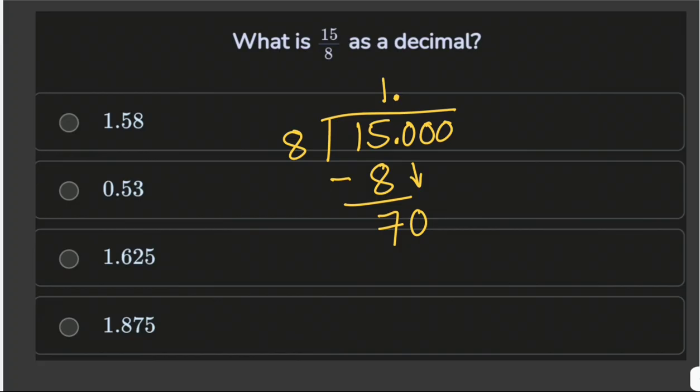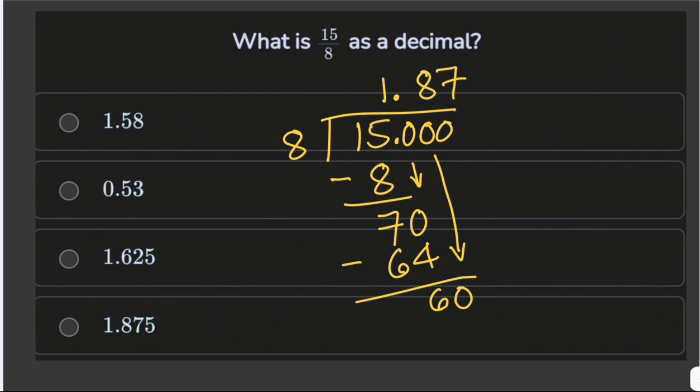Then we divide 70 by 8. 70 divided by 8 is 8, and 8 times 8 is 64. Then we subtract 64 from 70, which gives us 6. And then we bring down another 0. Then 60 divided by 8 is 7, and 7 times 8 is 56.